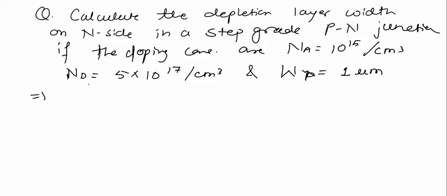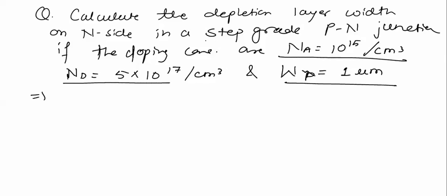Here Na and Nd are given, Wp is given, and it is a step graded PN junction. If it is a step graded PN junction, then Na into Wp will be equal to Nd into Wn.